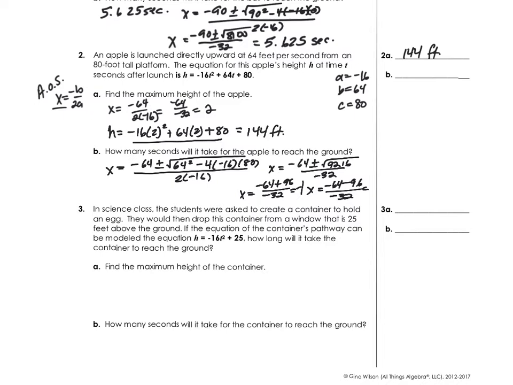So that's not going to be my answer, right? It's definitely not going to take negative 1 seconds for this apple to reach the ground. So negative 64 minus 96 is negative 160, divided by negative 32 is 5. So it took 5 seconds for the apple to reach the ground.